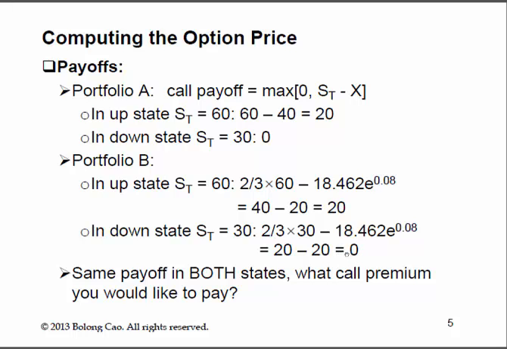So the payoff for portfolio B in the downstate is 0. Now what do we know, right? In the upstate, portfolio A and portfolio B both have a payoff of $20. In the downstate, portfolio A and portfolio B both have a payoff of 0.